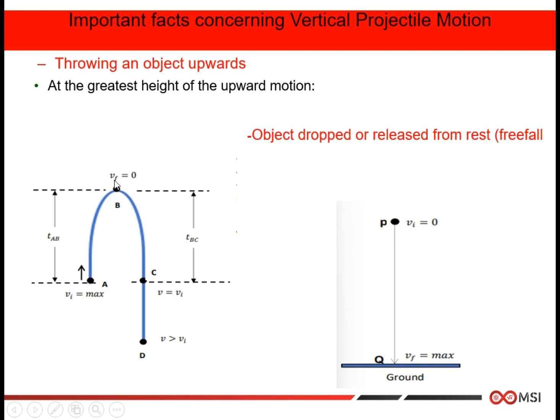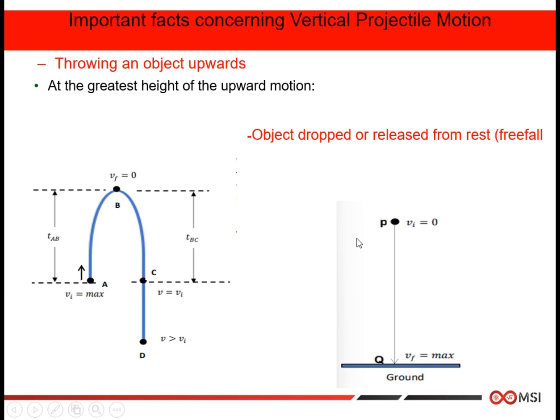But there's also another concept that we're going to talk about, which is when there is an object within an object that is moving upwards, be it an air balloon or a flight.